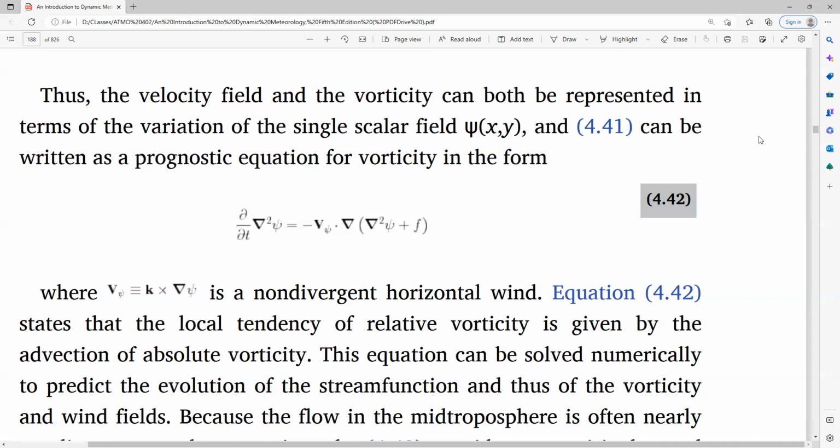If the temperature is not a function of pressure, you will have a temperature gradient. Wind is parallel to the isobars, but along the isobars you have a temperature gradient. That means you will have warm advection. From the thermodynamic energy equation, you have warm advection and cold advection. Then temperature is going to change.